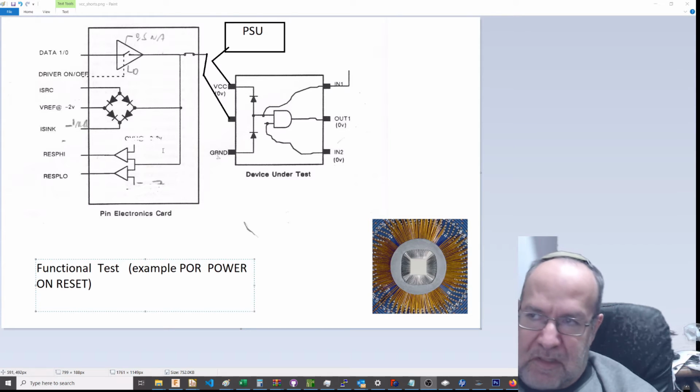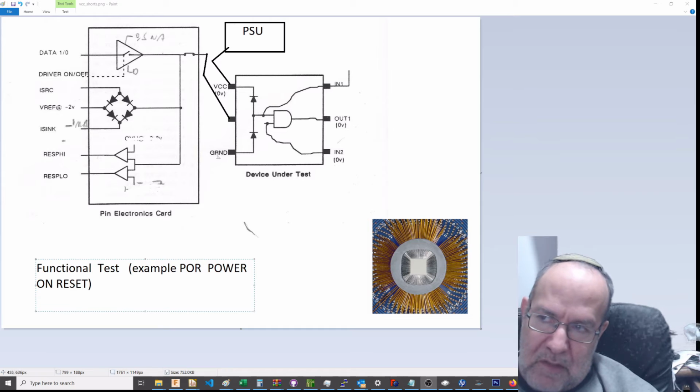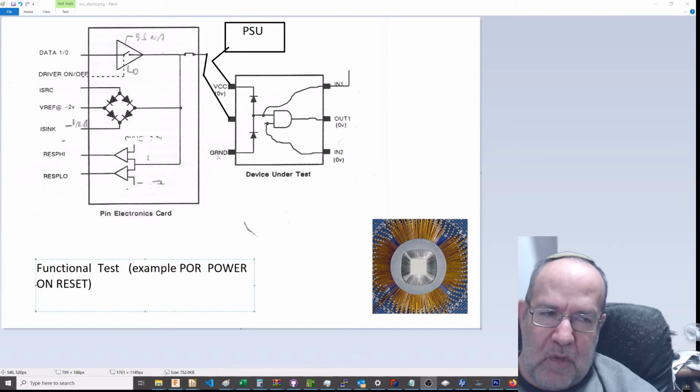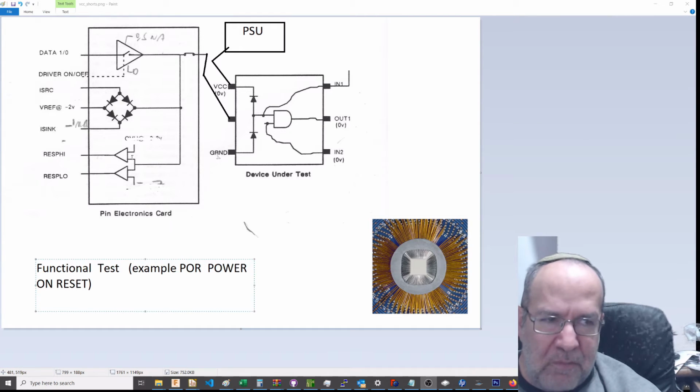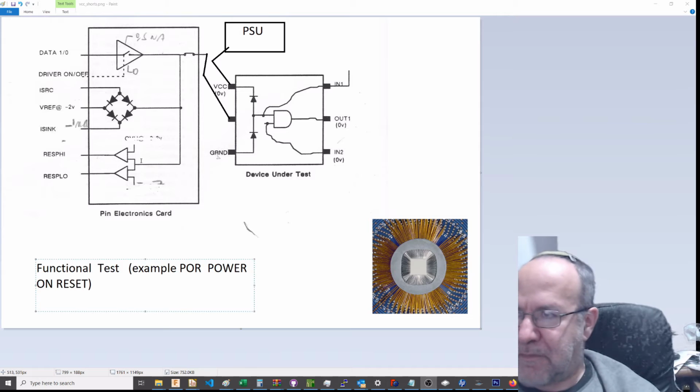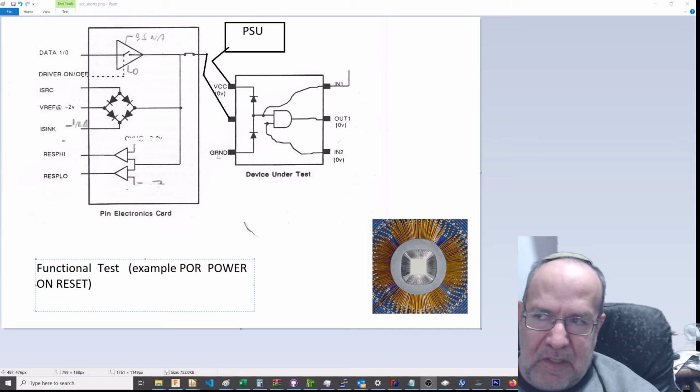Some of the concepts here would be this: the way that these two comparators are put. It's called a window comparator. A window comparator means whatever voltage I'm putting over here, I'm calling high.